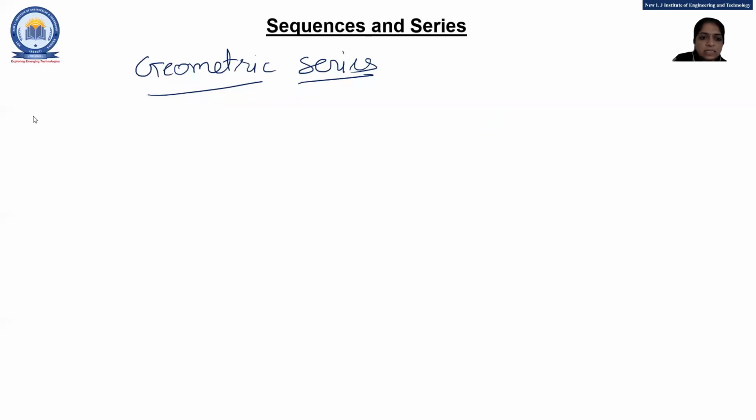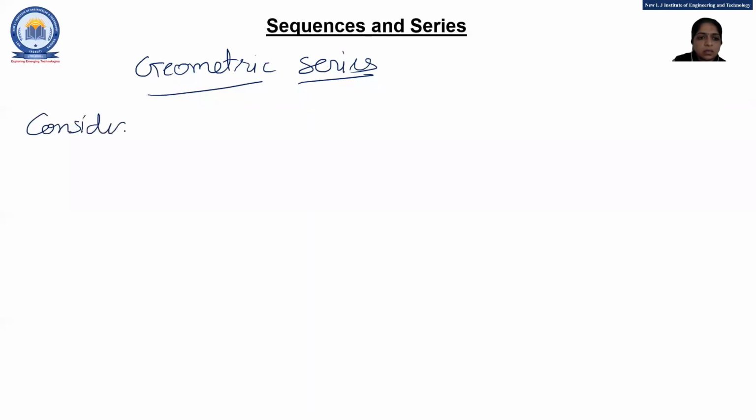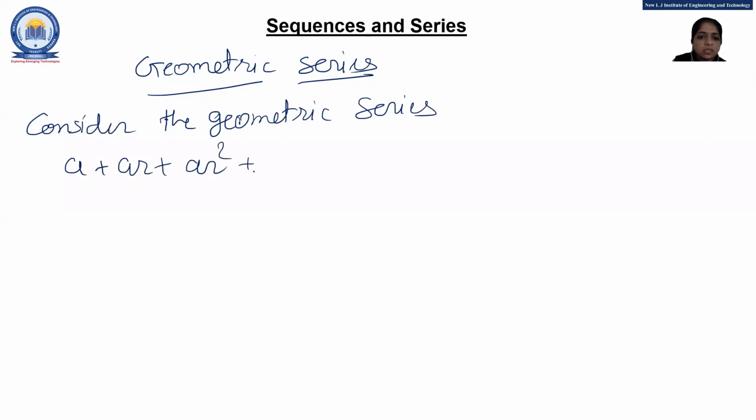So let's consider the geometric series like A plus AR plus AR square plus up to AR raised to n minus 1 plus up to infinity. What is the meaning of a geometric series? Students, please listen carefully.